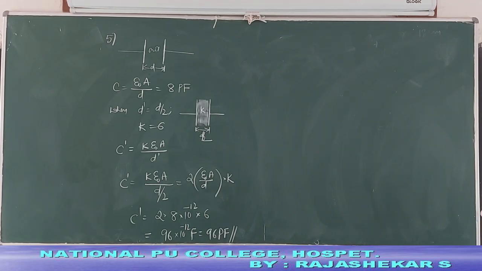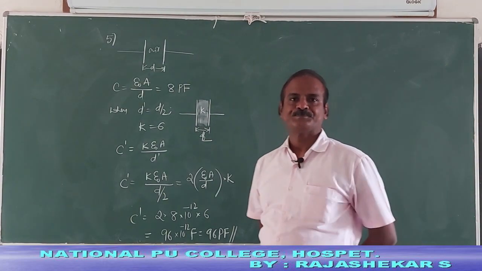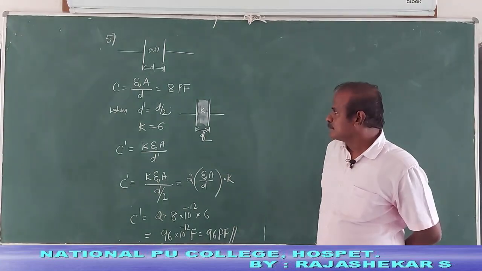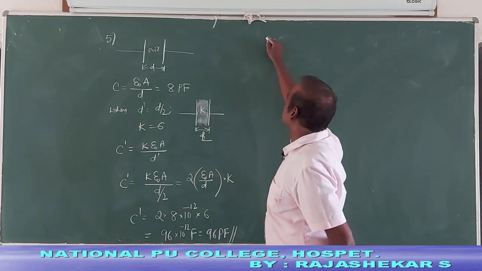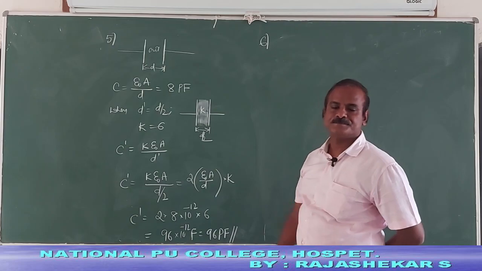Well students, now next, question number 6. Three capacitors, each of capacitance 9 picofarad, are connected in series, and we are asked to find the total capacitance of the combination, and the potential difference across each capacitor if they are connected to a 120 volt supply. Now referring to question number 6, what is given?